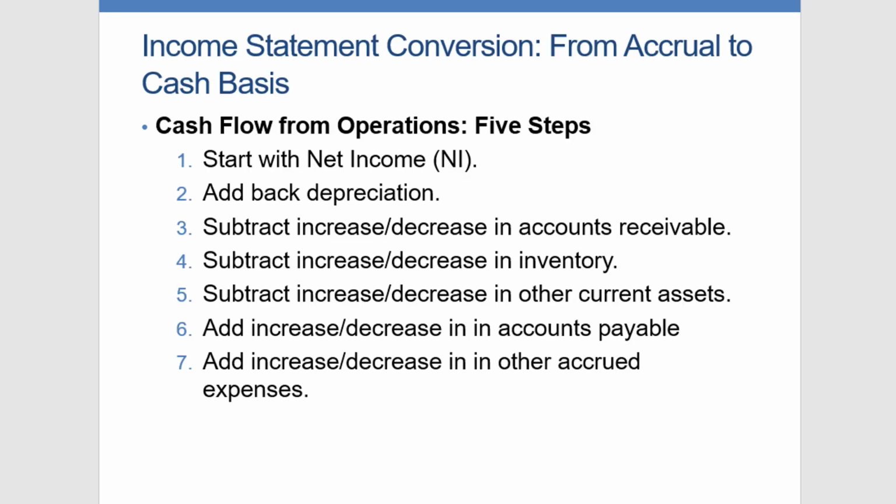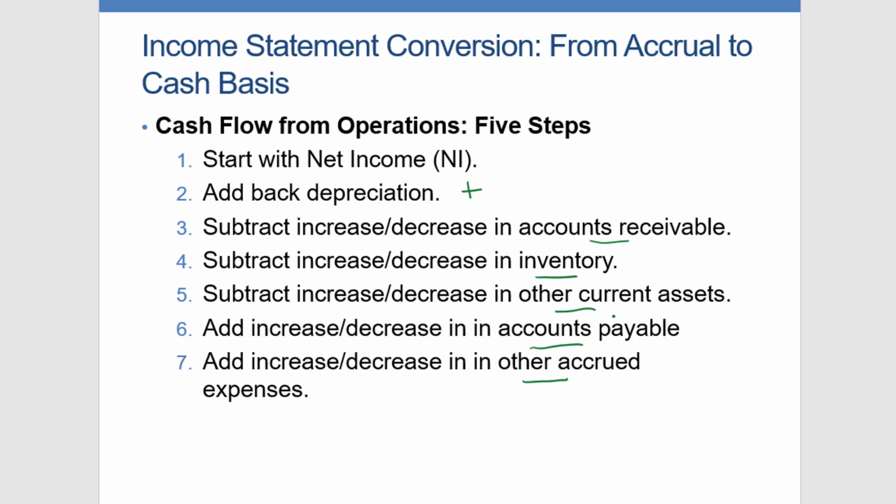To get from my income statement to my overall cash flows, I start with my net income, the profit I've got in the company. I add back the depreciation expense, and then I have to subtract accounts receivable changes, inventory changes, current asset changes, accounts payable, or other accrued expenses.